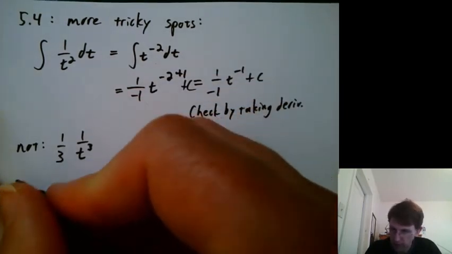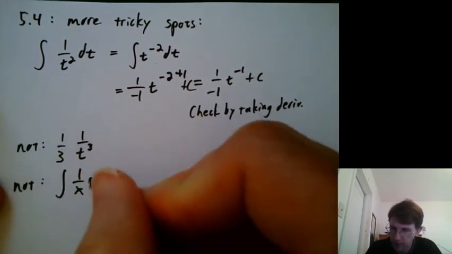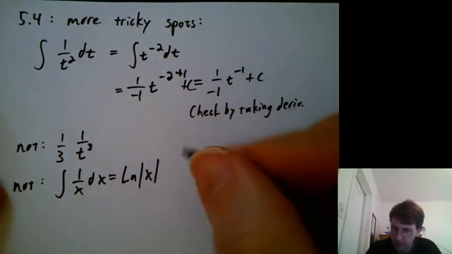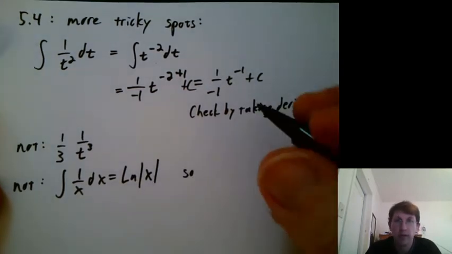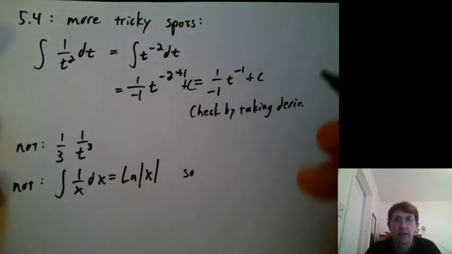Let's see, other people might say that they know the integral of 1 over x dx is log of absolute value of x. So they would then say, well, now I have a t squared instead of an x.